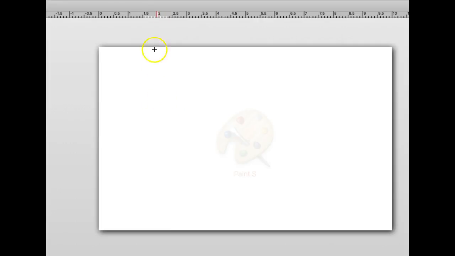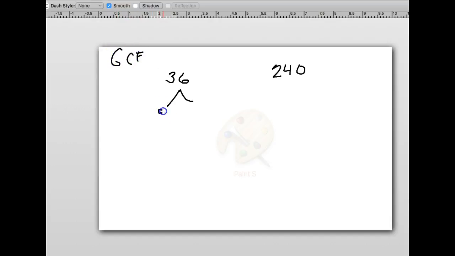Okay. Next, let's try another one. So let's try 36 and 240. All right. Break down 36. Two numbers that multiply give me 36. This is greatest common factor. 36, 9 times 4.